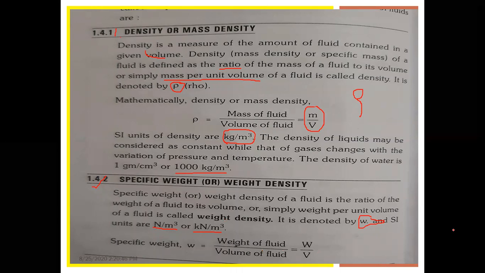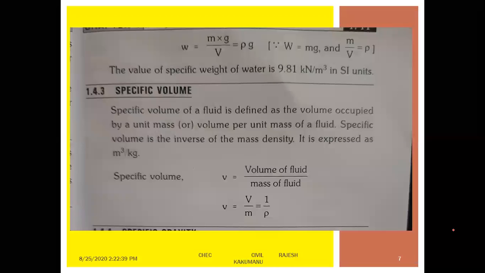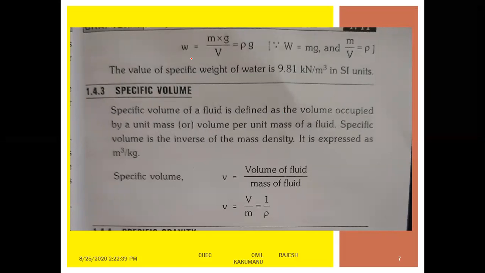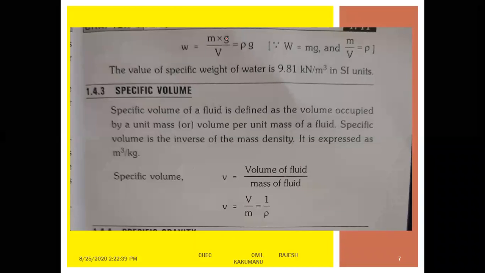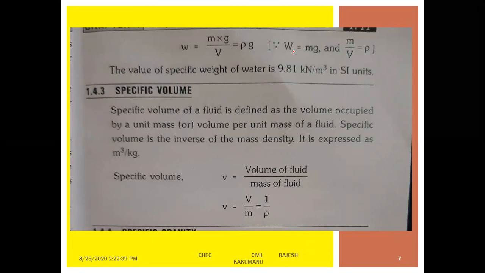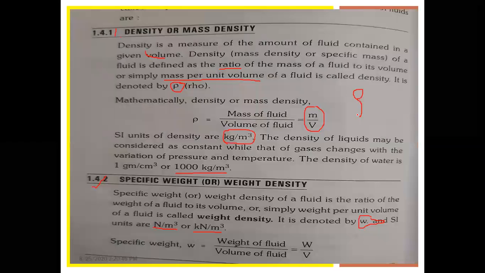Next, that small w is equals to weight density is equals to weight of the fluid, ఎలా చేస్తున్నాము, m into g, where capital W is equals to mass into gravity. So mass into gravity. ఇప్పుడు దీన్ని మనము ఇంకా సింప్లిఫై చేసినప్పుడు w is equals to m by v, ఏంటి the previous definition we are having, m by v is equals to rho.